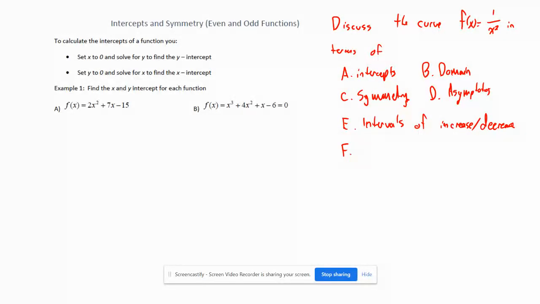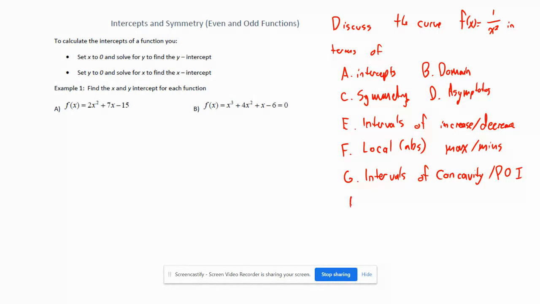F would be local or absolute max mins. G would be intervals of concavity and points of inflection, and then H would be sketch the curve.